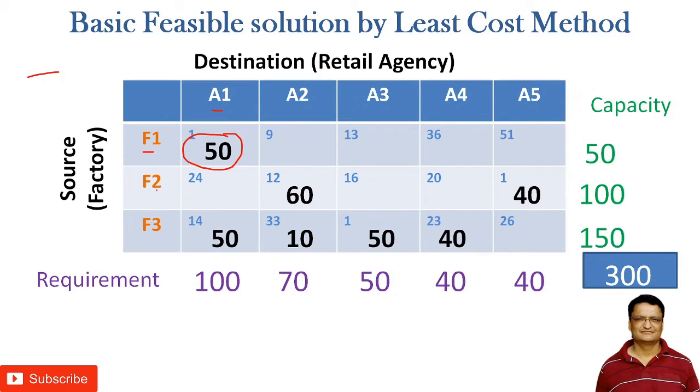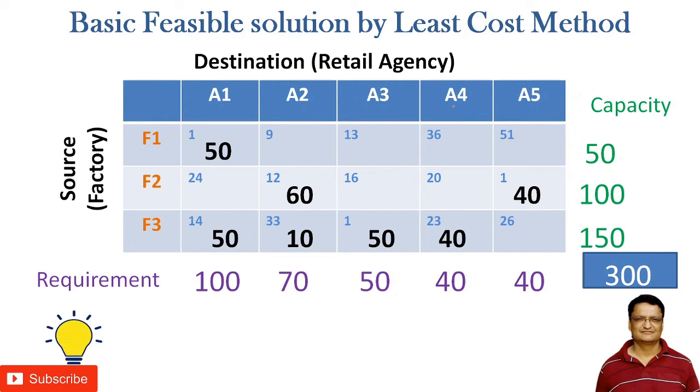Then I will supply 60 goods from F2 to A2 and 40 goods from F2 to A5, and I will supply 50 goods from F3 to A1, 10 goods from F3 to A2, 50 goods from F3 to A3, and 40 goods from F3 to A4. So this is the direct solution which I have obtained with the least cost method, and I am using it directly.